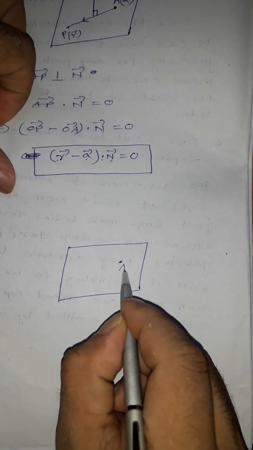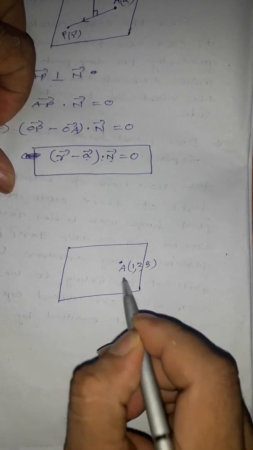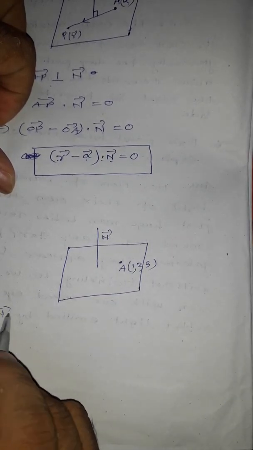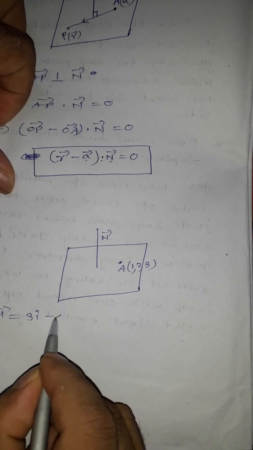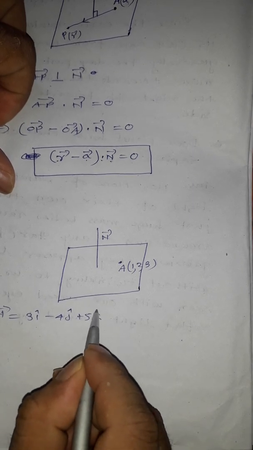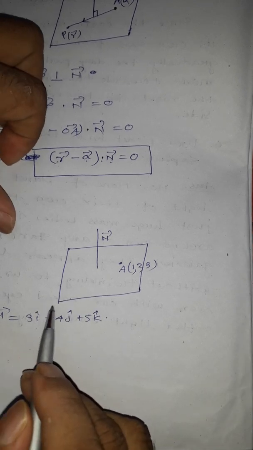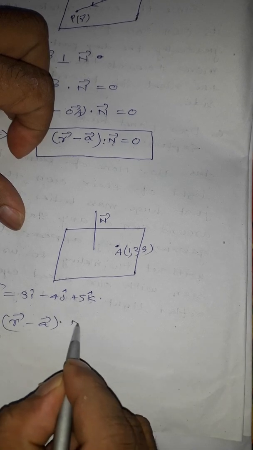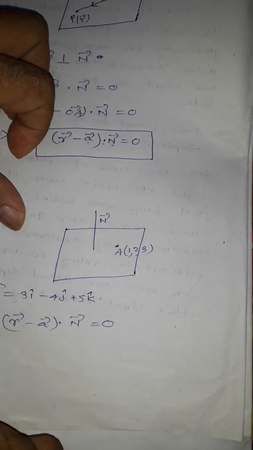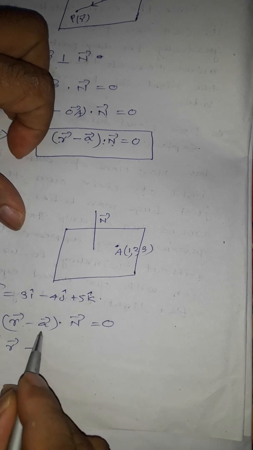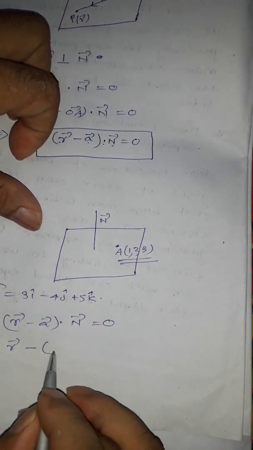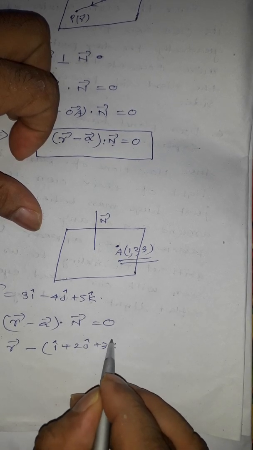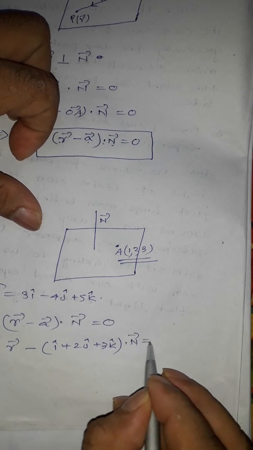Now if we take an example, suppose the plane passes through the point (1, 2, 3) and is perpendicular to the vector n, suppose 3i minus 4j plus 5k. Then what will be the equation of this plane? The equation of the plane will be r minus a dot n equal to 0. r you keep the same, minus a is the position vector of this point, so it will be i plus 2j plus 3k, dot n equal to 0.